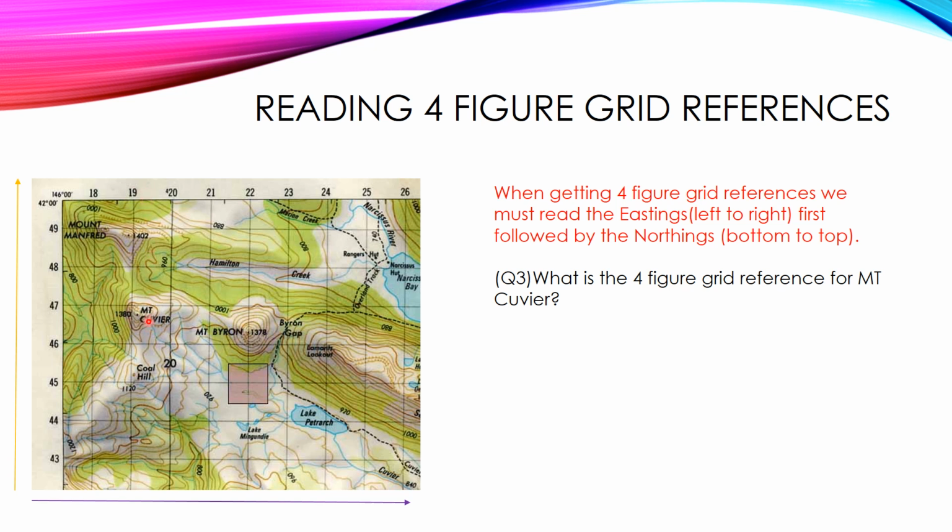Then I give the northing, and I come up here, we're in the 46 box. So my area reference becomes 1946. The way that you can really work out whether this box is 19 or whether this box is 20, I use an ownership term, but I'll talk about that in a little bit.